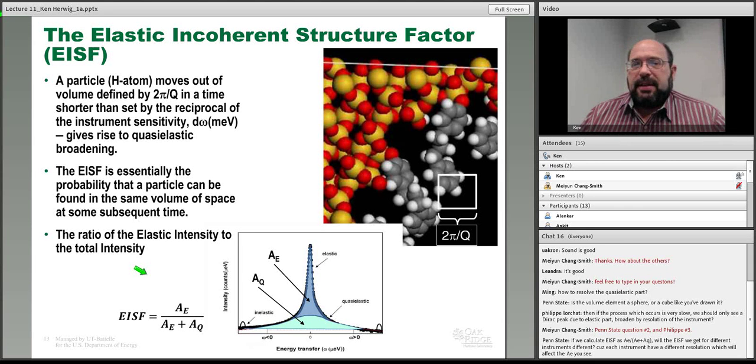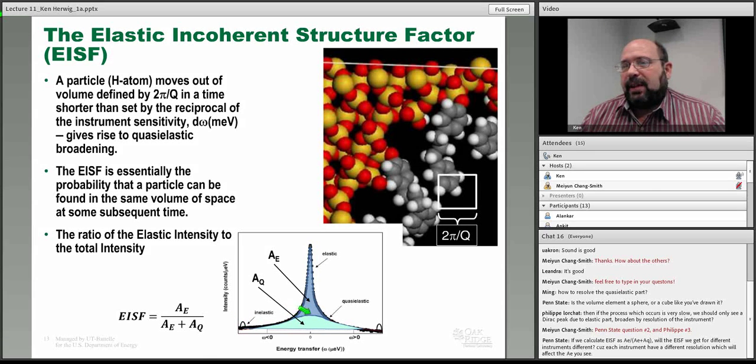The other thing that you'll find in a quasi-elastic experiment is that you're also limited by how broad a range of energy transfer the instrument can sample. If your instrument is unable to sample a broad enough range, then your quasi-elastic scattering will look essentially flat.